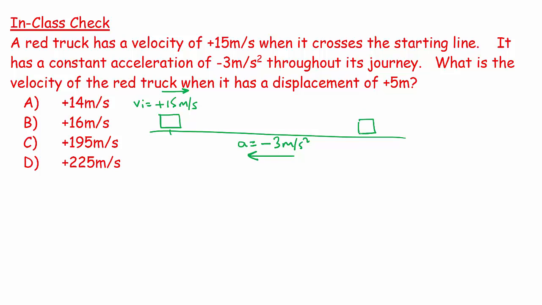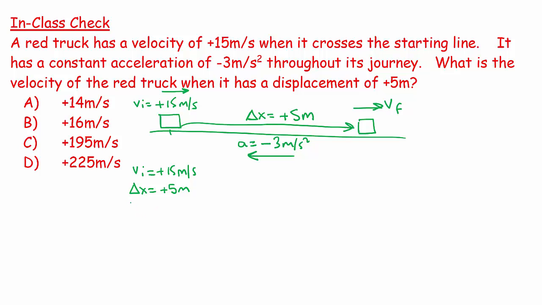So here's the ending line, and I want the velocity, which would be the final velocity, and this displacement, delta x, is equal to plus 5 meters. So I say VI is equal to plus 15 meters per second. Delta X is equal to plus 5 meters. VF is what I want.